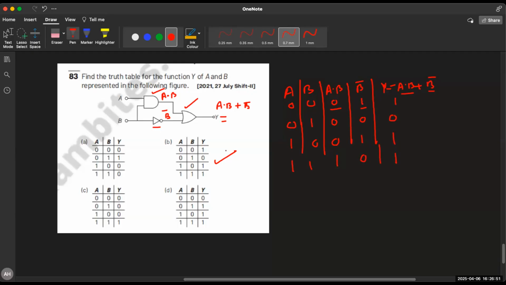Yes, sir. It will not take more than 30-45 minutes. Related questions from PYQ.